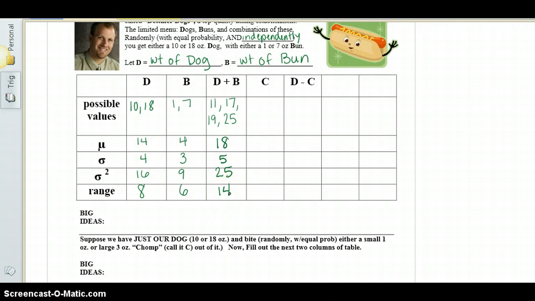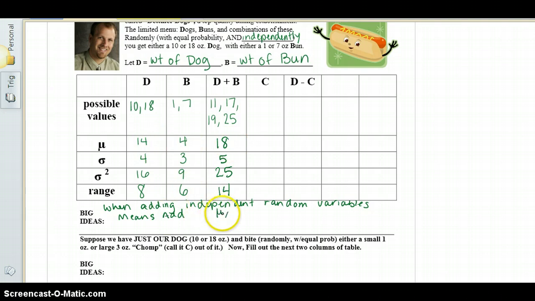Okay. So what we really need to look at are the means, variances and standard deviations. When you are adding together independent random variables, the means add. So if you look here, 14 plus 4 is equal to 18.